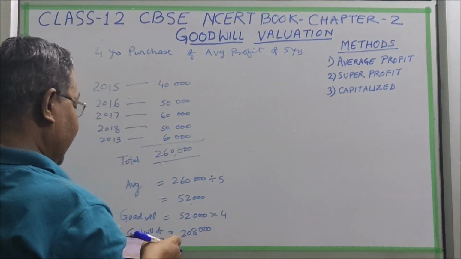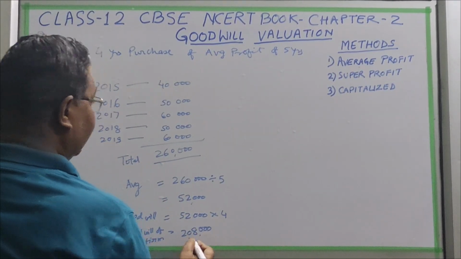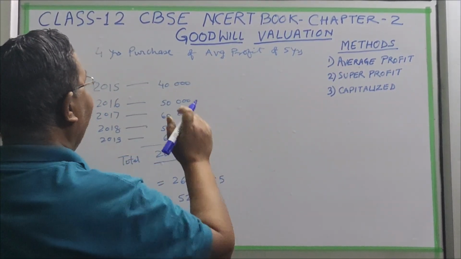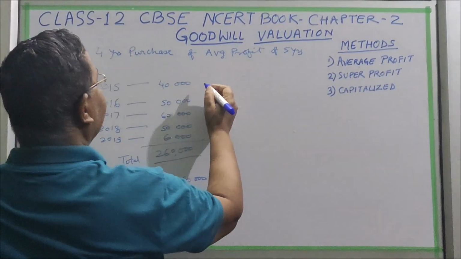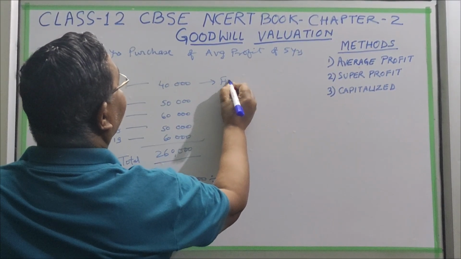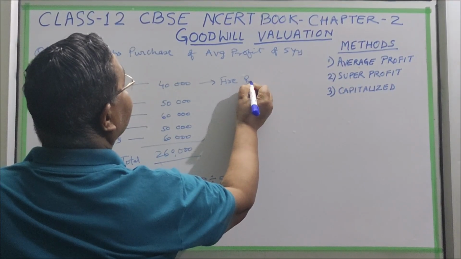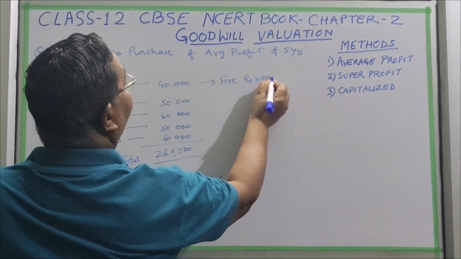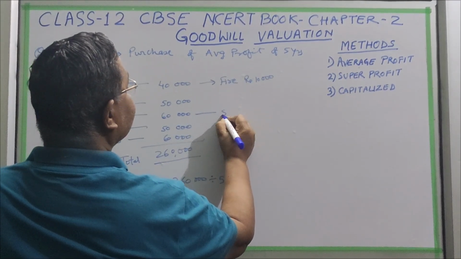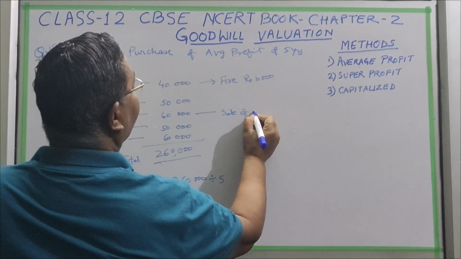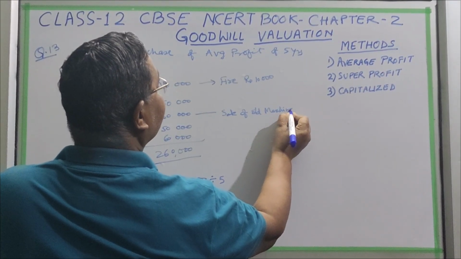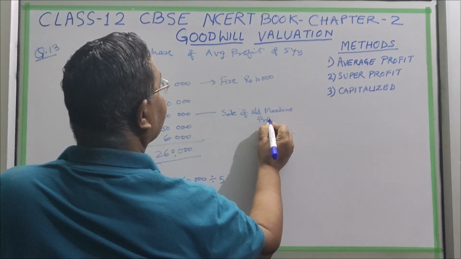Now I want to make one thing clear. When you are using the average profit method, and in any year, suppose in this year there is any abnormal loss, fire, rupees 10,000, or suppose here sale of old machine profit 5,000.